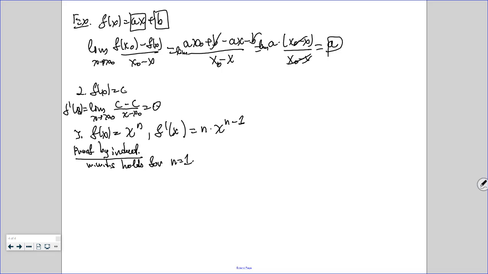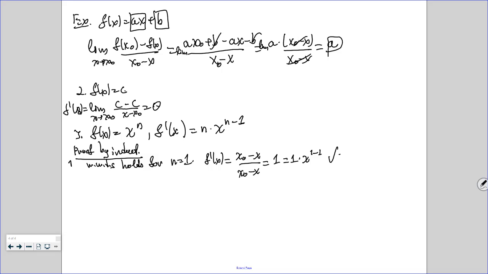When n is equal to 1, the derivative from the definition is (x0 minus x) over (x0 minus x), which is equal to 1, which is equal to 1 times x^(1 minus 1), which is 1. So this holds.